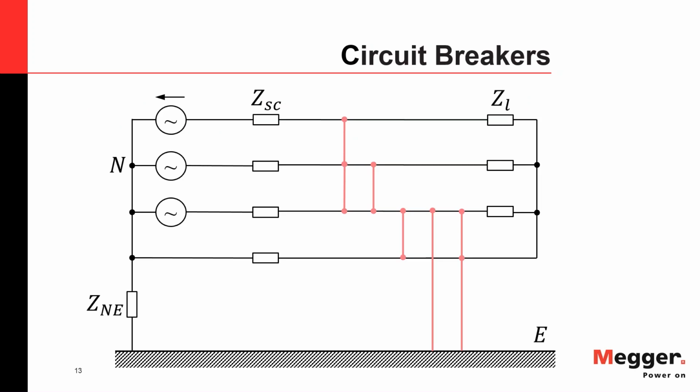The very classic fault that everybody thinks about is the 3-phase fault, indicated on the left. All 3 phases are shorted together. That is quite a rare fault, as I will show you in a second, but it can happen and is the most severe. Then you have a line-to-line or phase-to-phase fault.